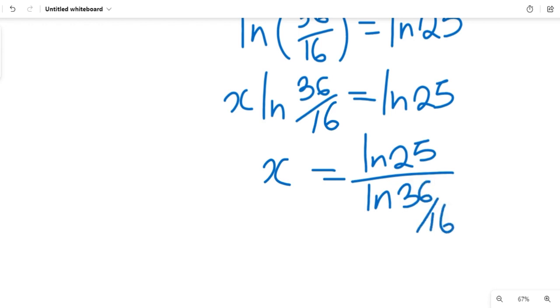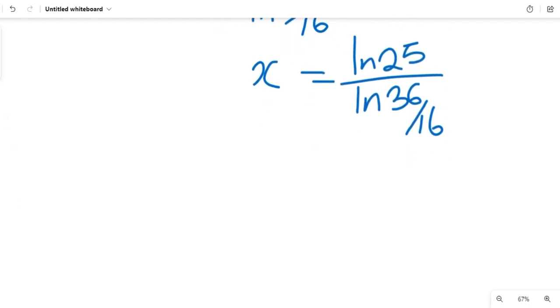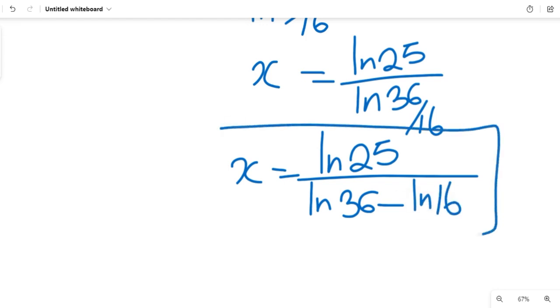And according to the division law of logarithm, this can be distributed to be the natural log of 25 divided by the natural log of 36 minus the natural log of 16. And that will be the value for our x.